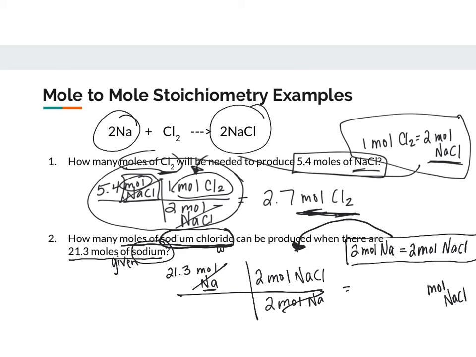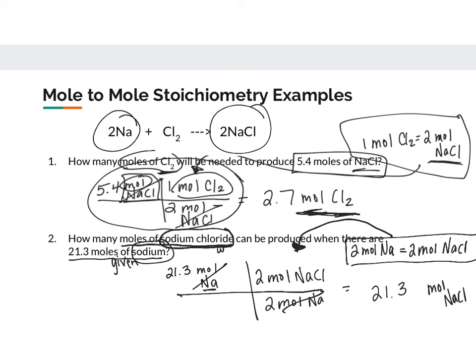All right, so you are probably already noticing that 2 divided by 2 is just going to be 1. So you're going to have the same amount of moles that you did for sodium when you actually solve this. You could also just do 21.3 times 2 divided by 2. You're going to get 21.3 moles of NaCl. Now you're probably wondering, well, Mrs. Tempest, why did I have to do all that work?